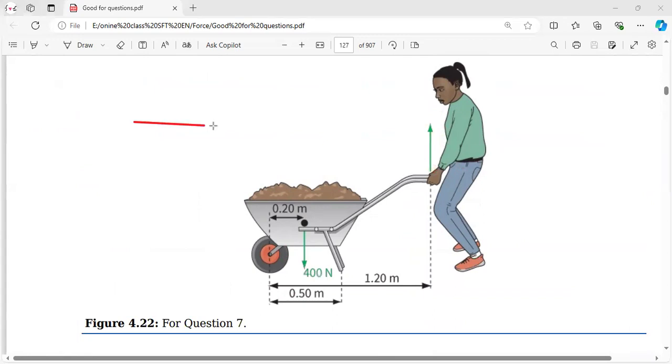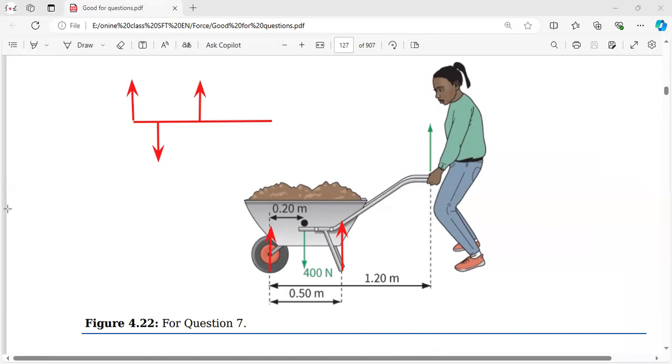Then when you draw the free body diagram, you only have the weight of the wheelbarrow, the reaction force from the legs, and the reaction force from the ground. Can you understand? Only these three forces, right?